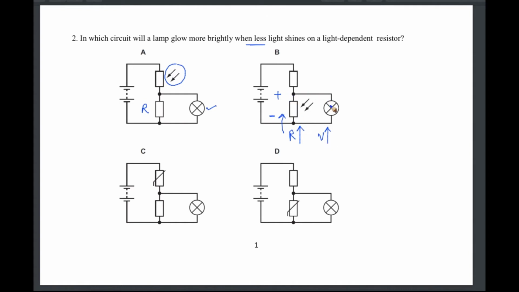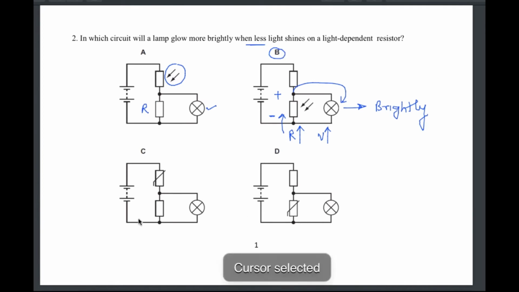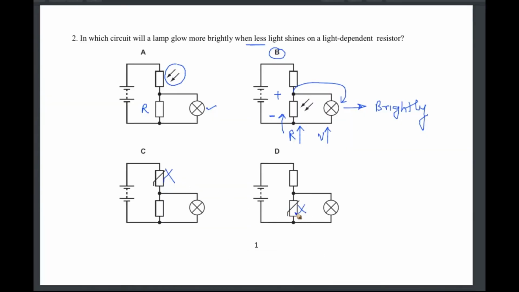And it is connected parallel to the lamp, so the lamp will get that voltage and will glow brightly. So option B makes sense. In all the other cases, this is wrong because these two are not an LDR. These are thermistors, the symbol of thermistors.